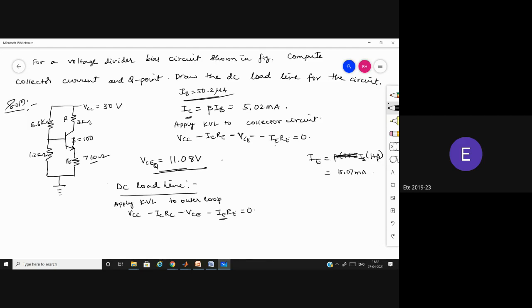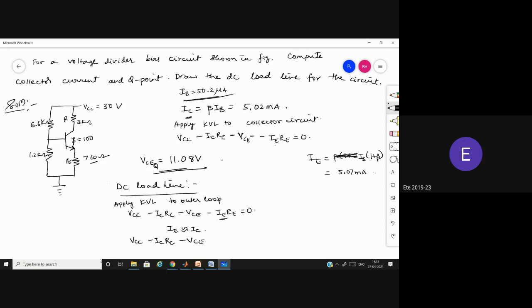Here we need to consider that IE is approximately equal to IC, because this is the equation where we are finding the extreme ends of voltage and current. If you substitute here and get IB, then you cannot take the common terms out. So that's why we can just approximate it.